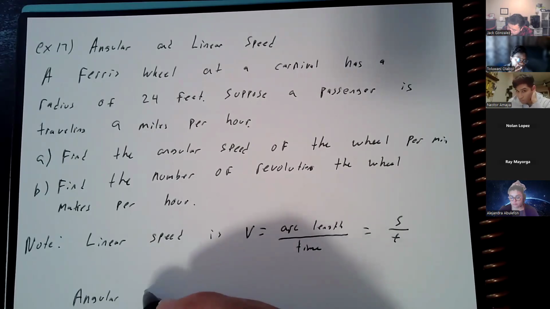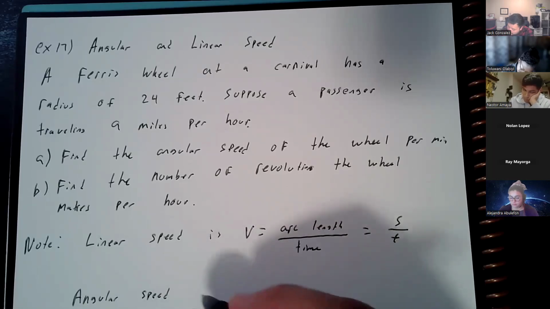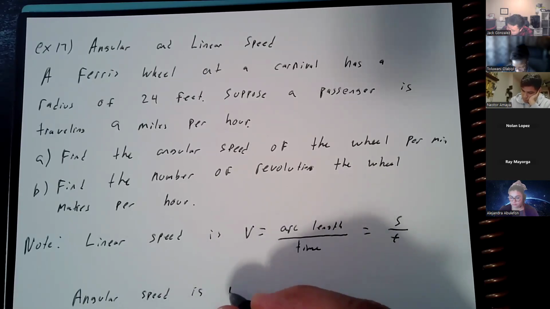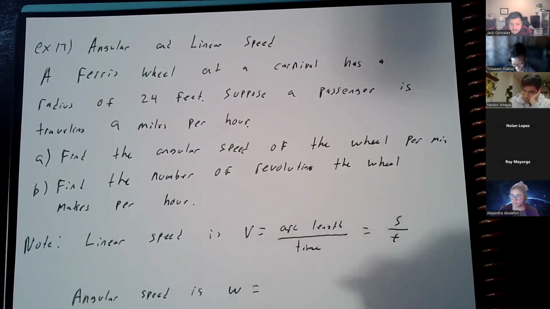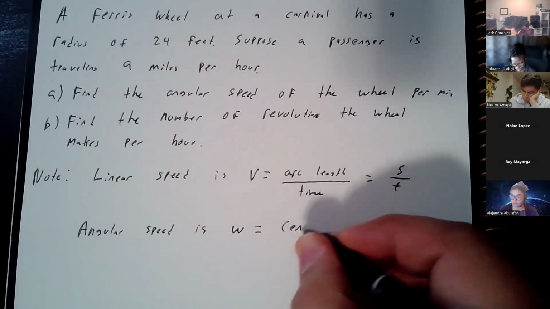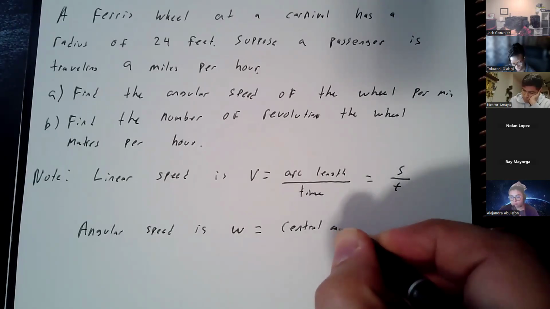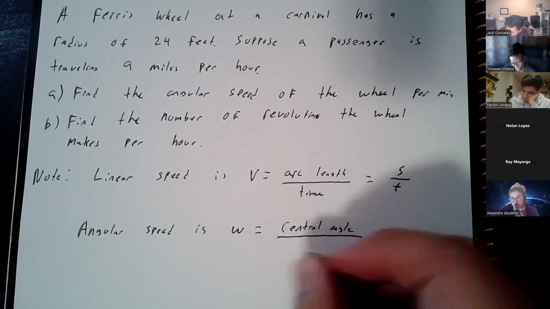All right. Angular speed is omega, looks like a W, or lowercase omega, is equal to the central angle over time.